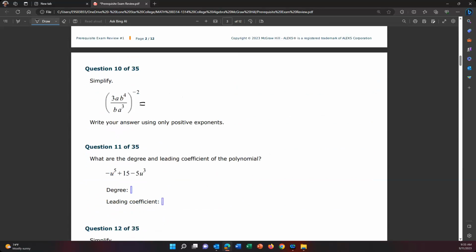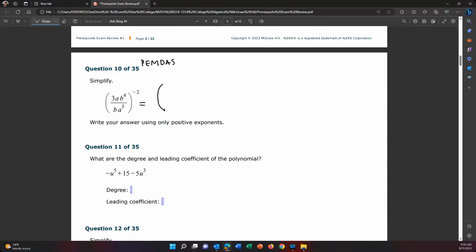Again, it seems like we need to apply the power rule first. Let's apply the power rule and then we'll decide what happens with the exponents. So this 3 gets an exponent of negative 2. This a gets an exponent of negative 2. Well, I guess what I should do before I do that is simplify what's inside of the parentheses first and then take care of the exponent. Okay. I want to follow PEMDAS.